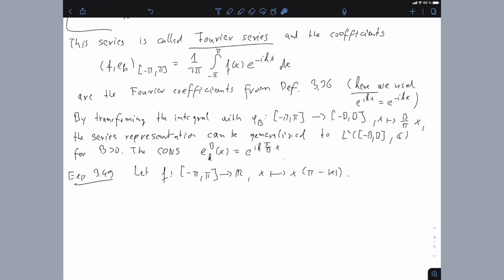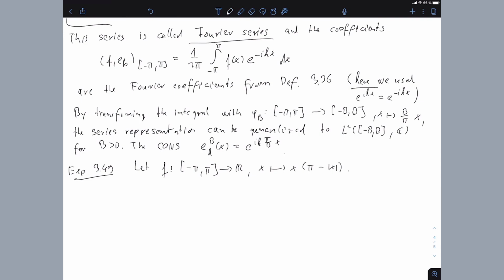But if x is negative, this is negative, but this stays positive since we have the absolute value, so it has to look like this. A little bit like how a sine would look.